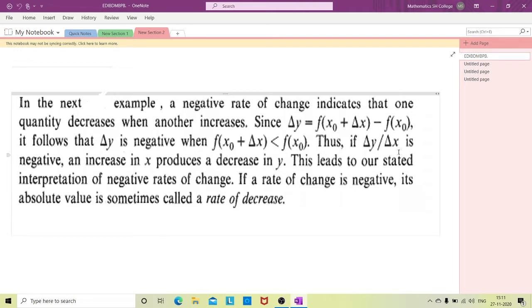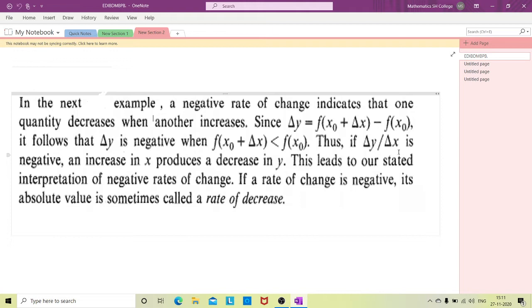So instead of increase, we have rate of decrease there. If delta y by delta x is positive, it represents rate of increase. And if delta y by delta x is negative, then its absolute value is the rate of decrease. For example, if you got delta y by delta x as minus 2, then 2 is the rate of decrease.